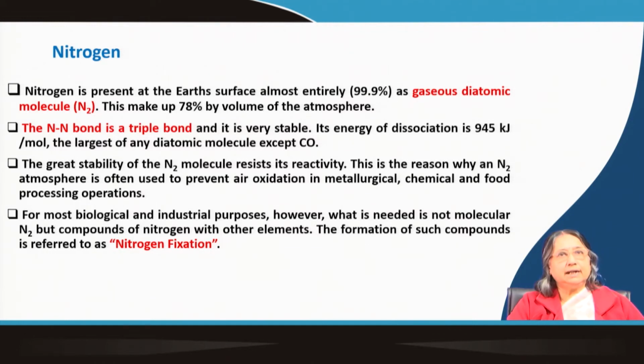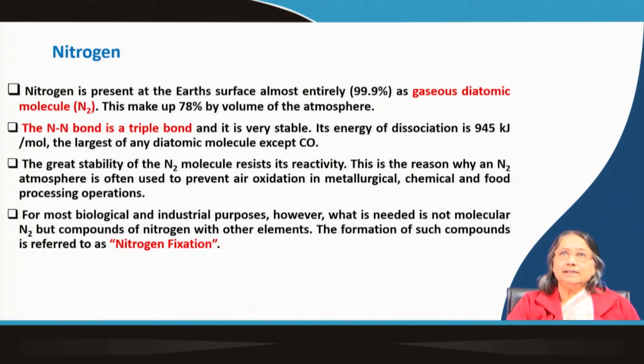Now, the question is whether the nitrogen-nitrogen bond is a single bond, double bond or triple bond. Actually, the nitrogen bond is a triple bond, and many people call it just nitrogen, but most appropriately it should be called dinitrogen.